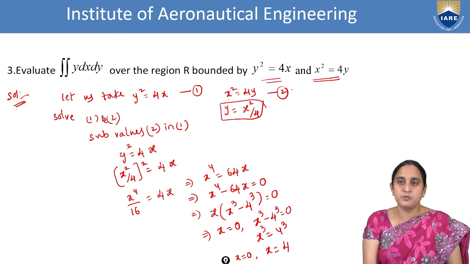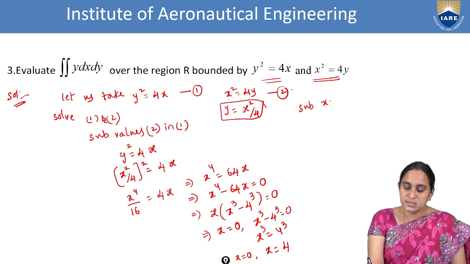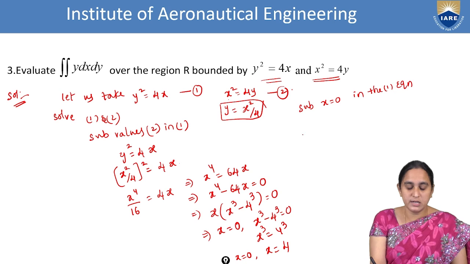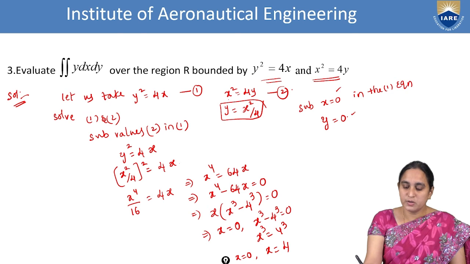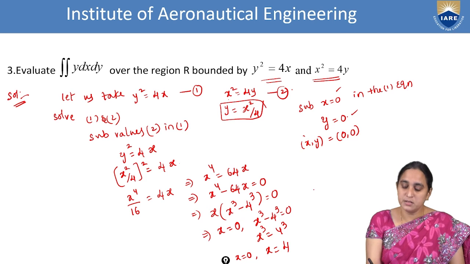If you know the x limit points, then you can calculate the y limit points from the first or the second equation. Now I substitute the x points 0 and 4 in the first equation. Substituting x = 0 in the first equation, y is also 0, so the point (x, y) is (0, 0).